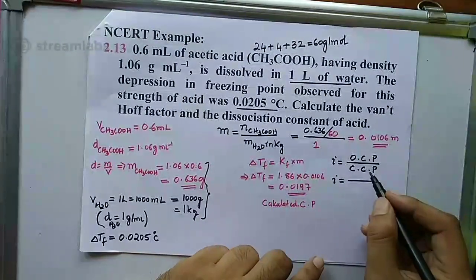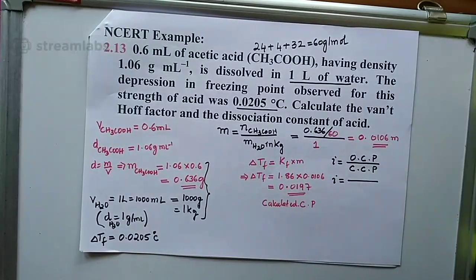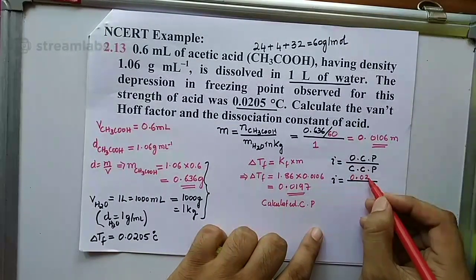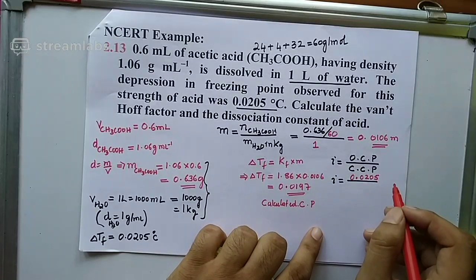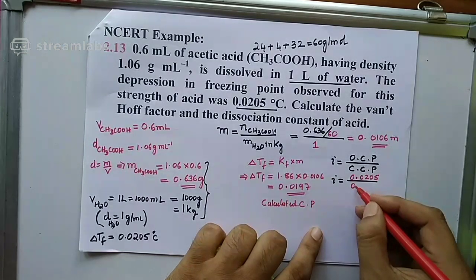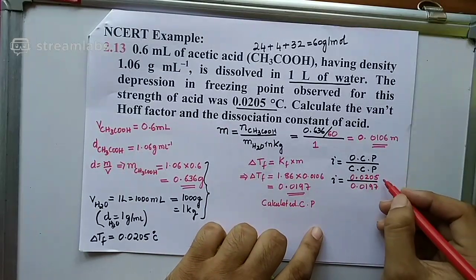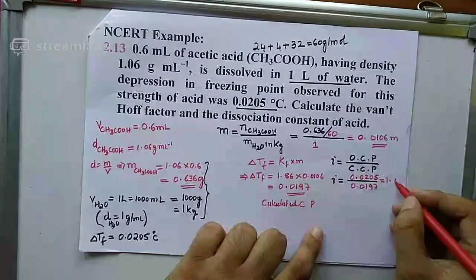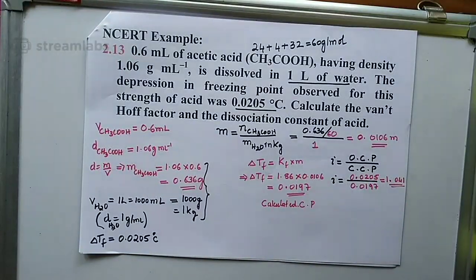The observed colligative property, which is given in the problem, is 0.0205, divided by the calculated colligative property, that is delta Tf equal to Kf into m, which is 0.0197. So you can use your calculator and see what the i factor is. The i factor comes out to be 1.041. I think this point is clear to you, students.